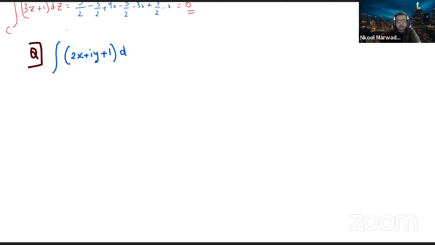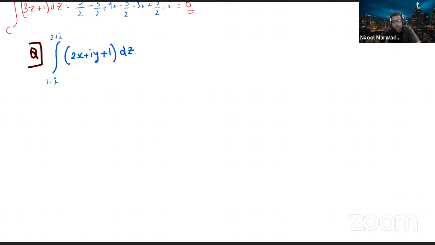This we have to evaluate, and the limit is 1 minus i. Upper limit is 2 plus i. This we have to do. Okay.